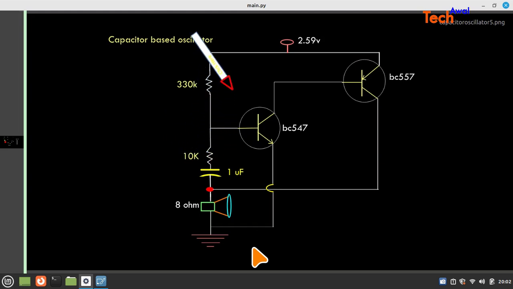So the tick will not be that fast because charge and discharge will take time, and 2.59 volt, but it works. And the 8 ohm speaker I could not arrange, so I have taken one old mobile speaker and used that. Otherwise it is 10K and 330K, a BC 547 NPN transistor and a BC 557 as PNP transistor.